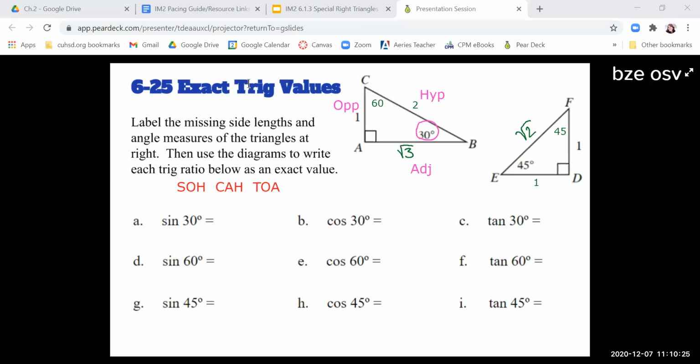So remember, the sine of 30 is going to be, using the SOH part of SOHCAHTOA to remind us that sine is opposite over hypotenuse, 1, which is opposite, over 2, which is the hypotenuse. So the sine of 30 is 1 over 2.